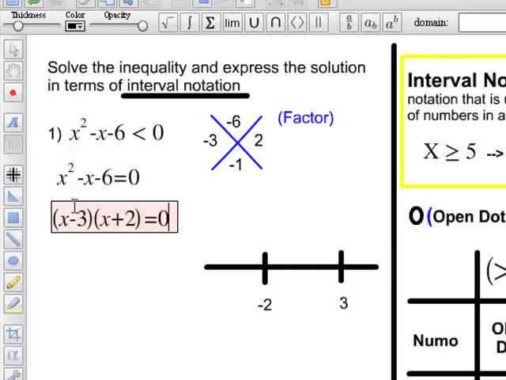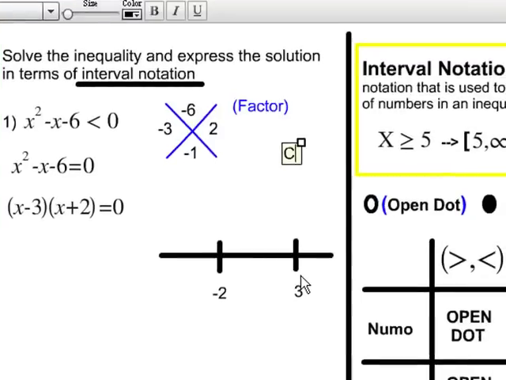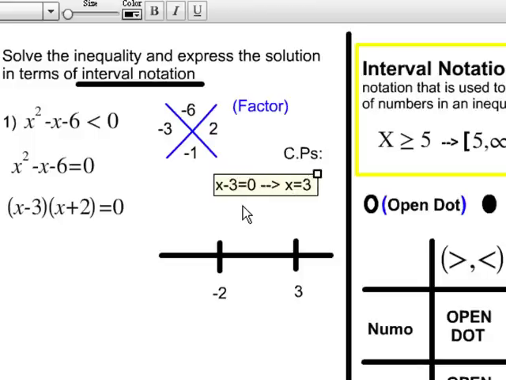Now if we solve them individually, we'll get our critical points. We solve for our factors: x minus 3 equals 0 gives us x equals 3.